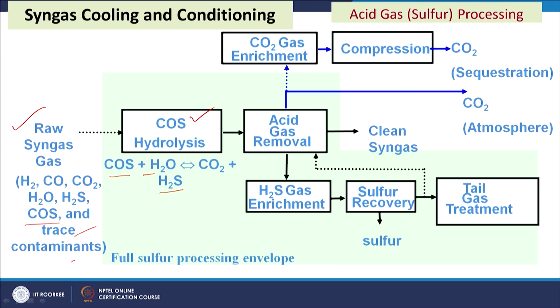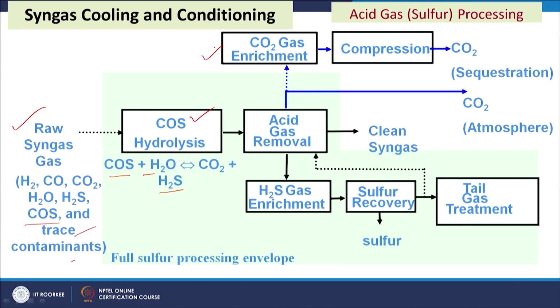Then the H2S and CO2 acid gas components we need to remove. So, how can we remove them? Carbon dioxide removal: if we can selectively separate the carbon dioxide, then it can be enriched and sequestered. So, carbon dioxide enrichment, then compression and carbon dioxide sequestration. That is one way. On the other hand we have H2S.